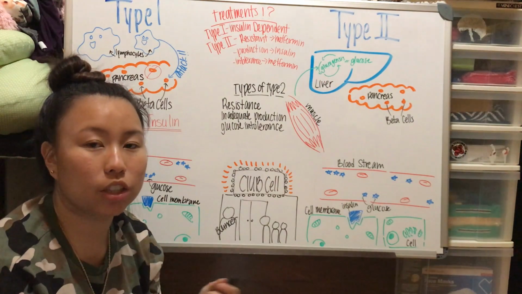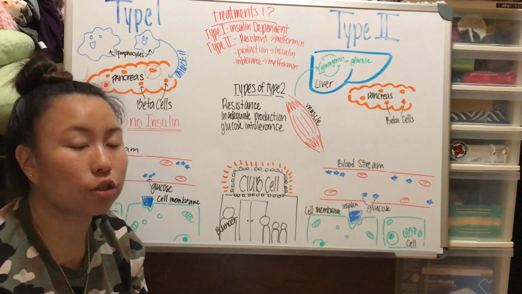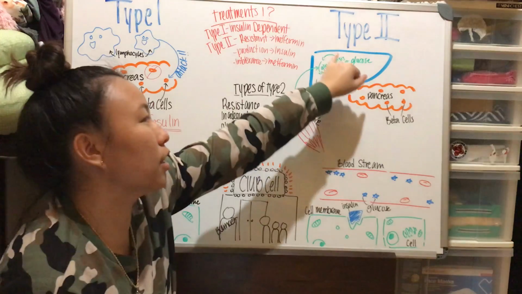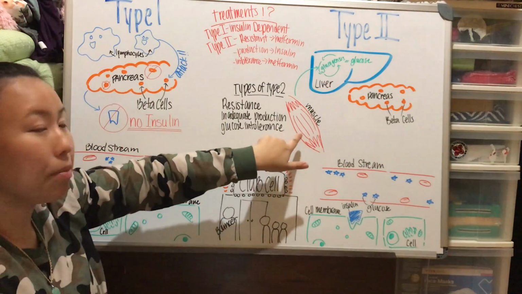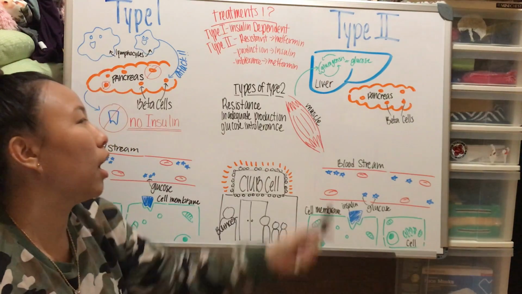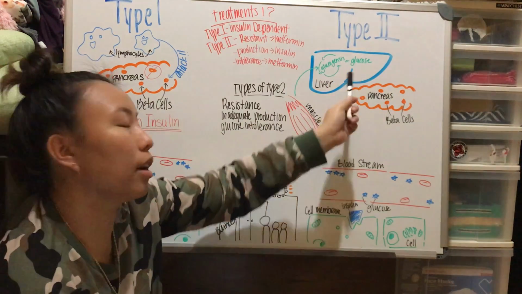So one of the liver functions is metabolizing sugar, and that's through gluconeogenesis. It takes some of the muscle cells, breaks them down, and turns them into glucose. And here with the arrow, you can see gluconeogenesis in the liver, and then it makes glucose.